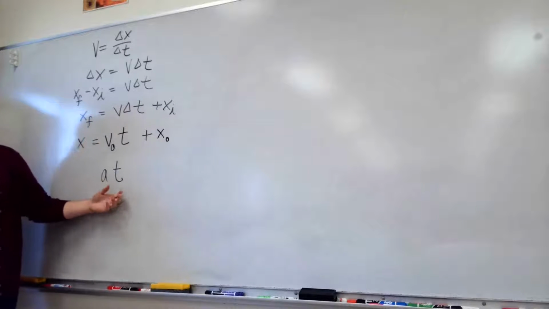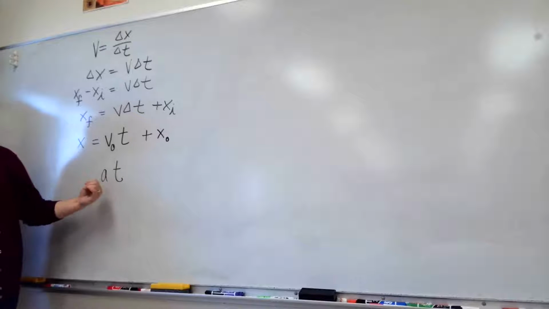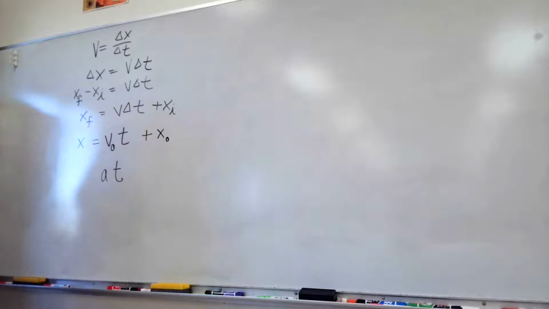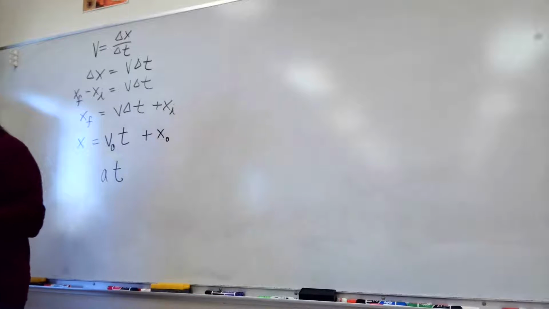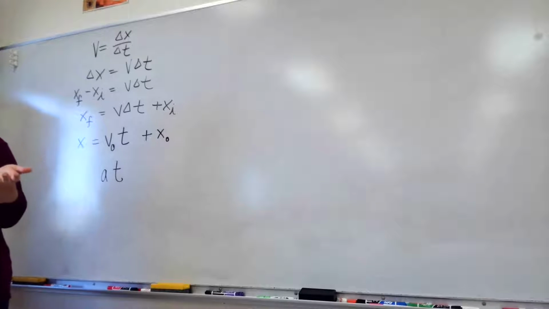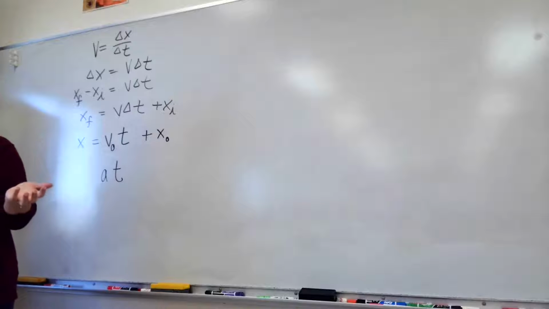So this is going to be our general form. We know we have to have acceleration in there. We know we have to have time in there. Okay. We also know we have to have units of meters because you cannot add meters per second to meters. It wouldn't make sense, right? You can't add a speed to a distance. They're not the same thing.